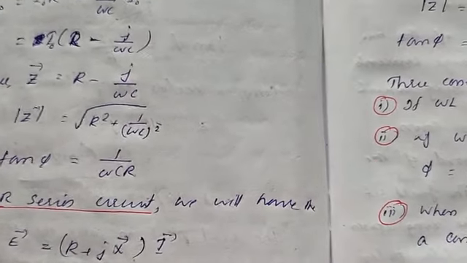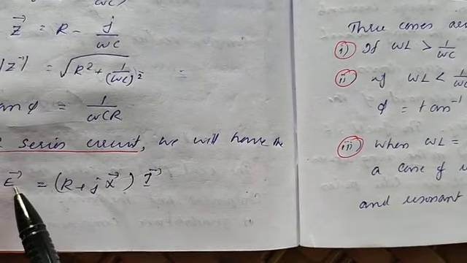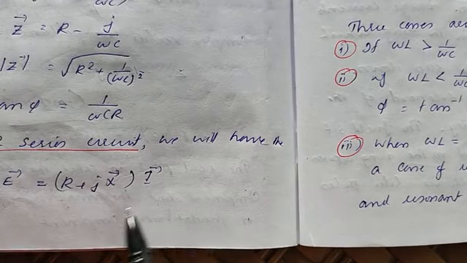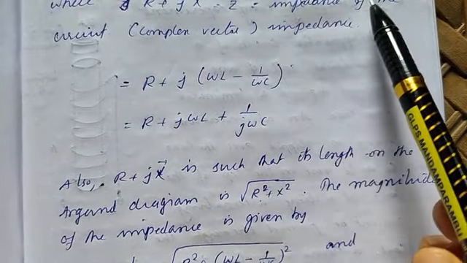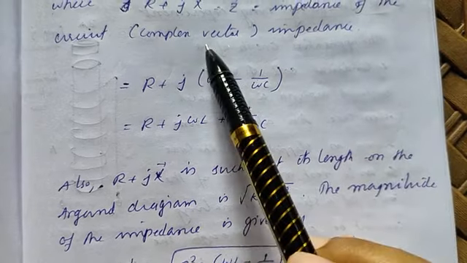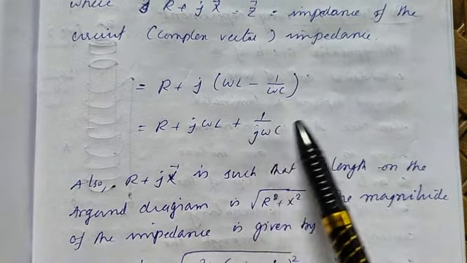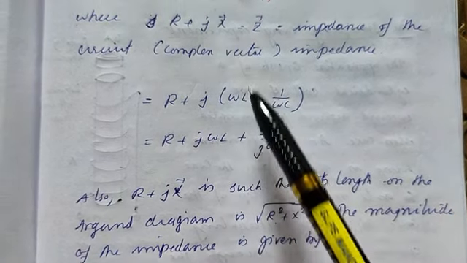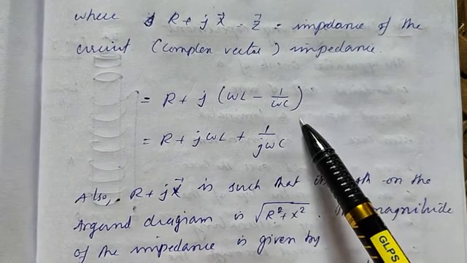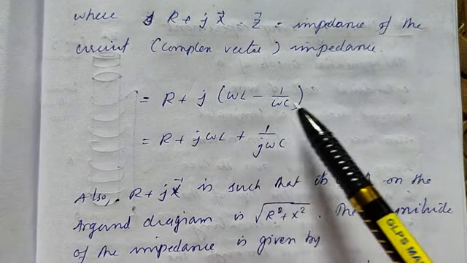Now for the LCR series circuit, again we know the equation of EMF is of this form, where R plus jX is the impedance of the circuit, the complex vector impedance. X is here, since it is a series LCR circuit, which contains reactance offered by the inductor and the capacitor.